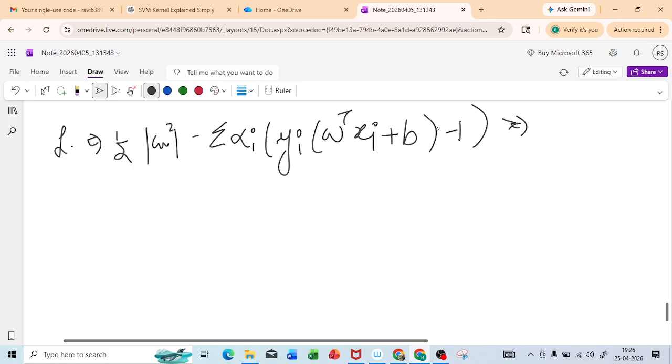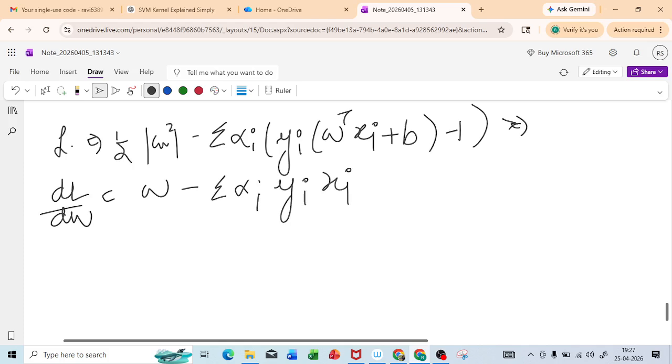And we had differentiated it with respect to w. So dL by dw is nothing but w minus summation of alpha i yi into xi equal to 0, okay? And then we have w equal to summation of alpha i yi into xi.